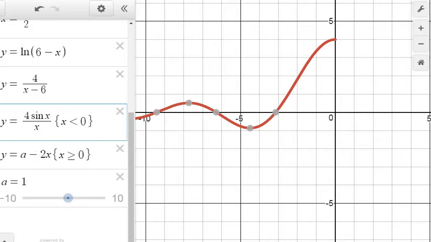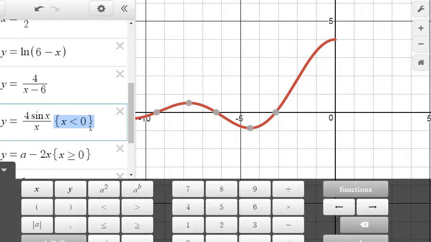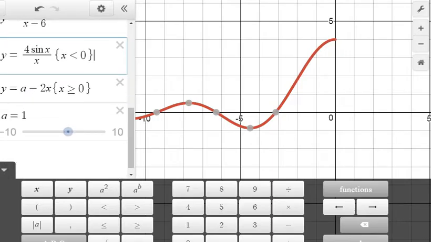Here's the graph of the second part. And if you're wondering how I cut it off, that's what these curly braces are for. x less than 0. If I got rid of that, I'd have everything. Putting it back, I can cut it off wherever I want. So that's the left-hand part of the graph.